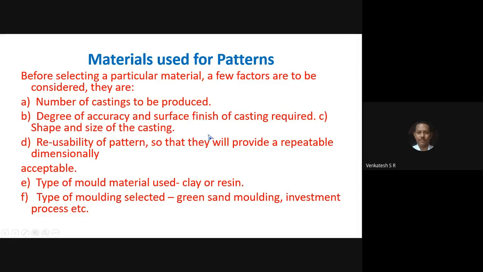Whenever the mold cavity requires liquid metal, that is provided by the riser, so bring the size exactly to the size required in the casting. That is very, very important. The number 3 factor is the shape and size of the casting.